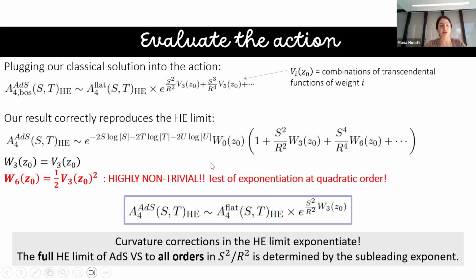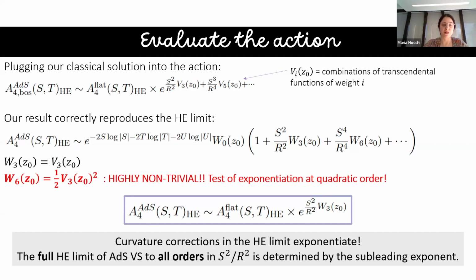And if you remember what I showed you before, the high energy limit that you get just by the saddle point analysis, which is literally take the AdS Virasoro and evaluate that z0 from flat space, you want to have an agreement, of course, and that is true up to this identification. So W3, for example, at Z0 is equal to V3 Z0, but then surprisingly or not, W6 at Z0 is 1/2 V3 Z0 squared. And this is a highly non-trivial test of exponentiation at fourth order.